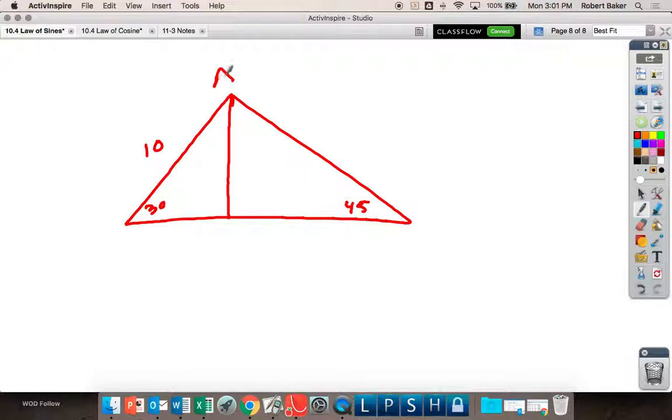That looks good. Look at this masterpiece. Brilliant, right? And the question wants to know, what's the area of the triangle?